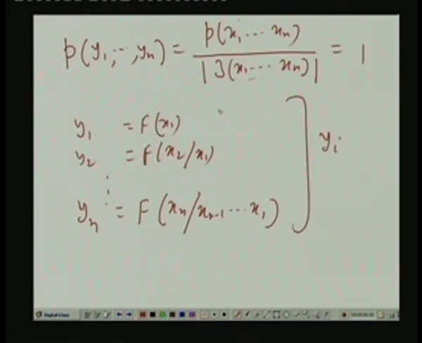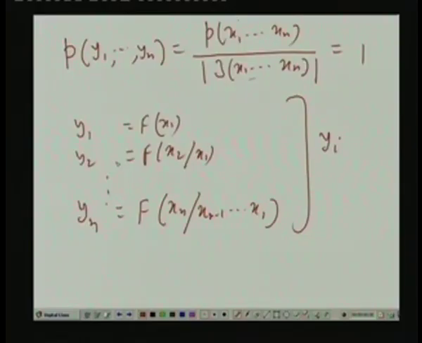And then if x_1 is known and y_2 is F of x_2 given x_1, then again x_2 is fixed. If y_2 is known, there cannot be two x_2 giving rise to the same y_2, and so on and so forth. So, within that hypercube, each point y_1 up to y_n corresponds to a unique choice of x_1 to x_n.